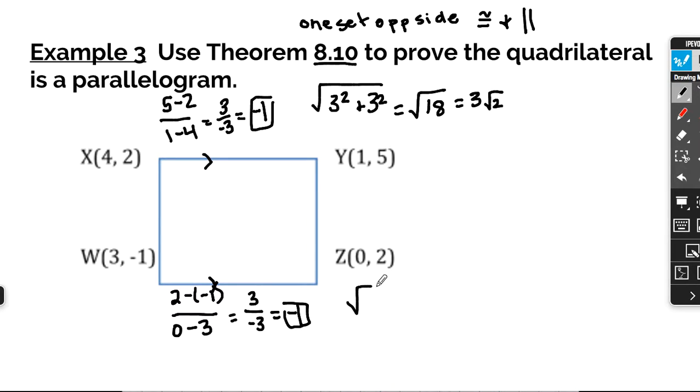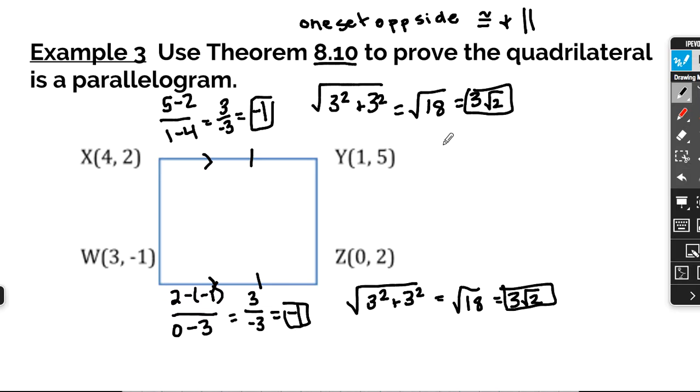For this one, I have a horizontal distance from 3 to 0, so that's 3 numbers. A vertical distance from negative 1 to 2, and that's 3 numbers. So under the radical, we can tell that this one's going to end up the same. So we have parallel lines that are also congruent.